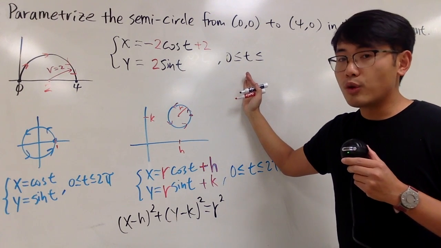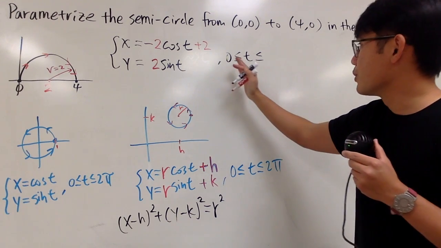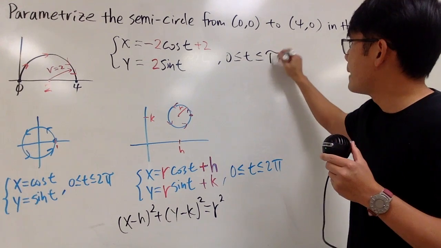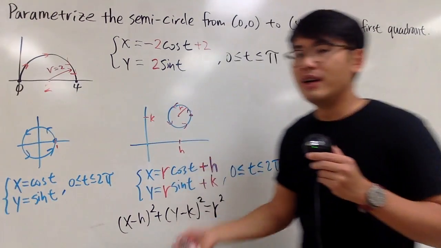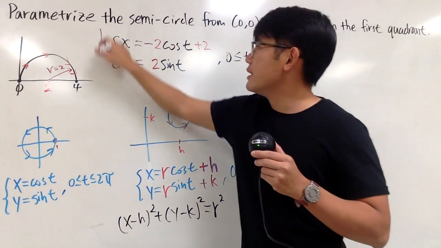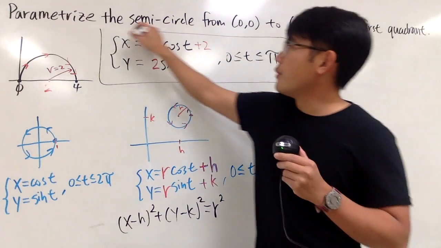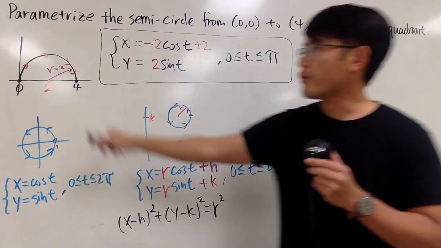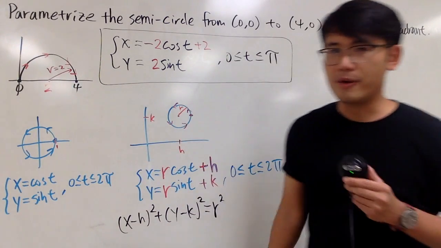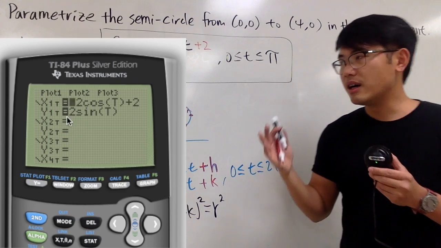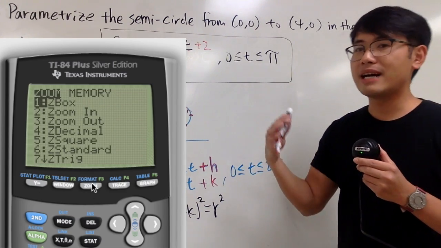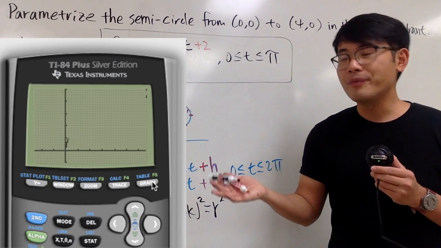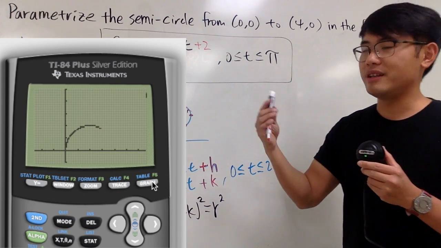We are not going to go from 0 to 2 pi. We are actually going to go from 0 to pi, right? Because we just want the semicircle. And this right here will do it. The semicircle parametric equation going from here to here. And you guys can also see in the graphing calculator right here, it will go in that direction.